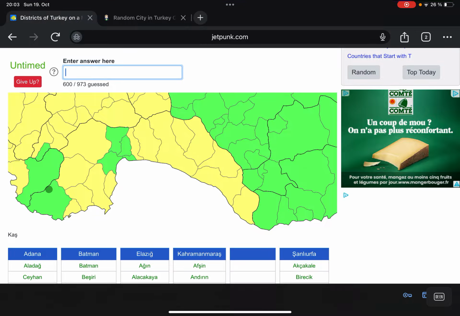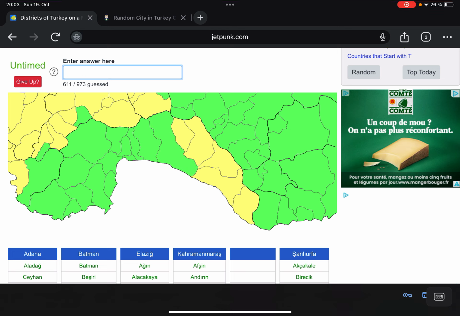So let's continue with Demre, Finike, Elmalı, Korkuteli, Kemer, Kumluca, Serik. This is Serik, and this is Aksu, I think.